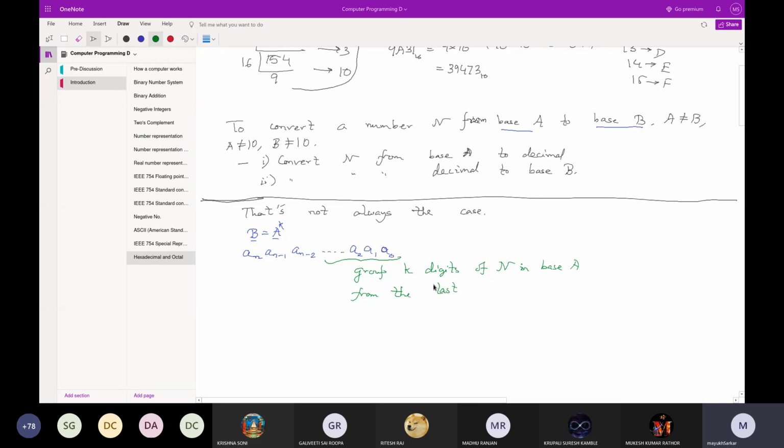Though I'm mentioning it as last, this is not the exact word. It has a name: the least significant digit.